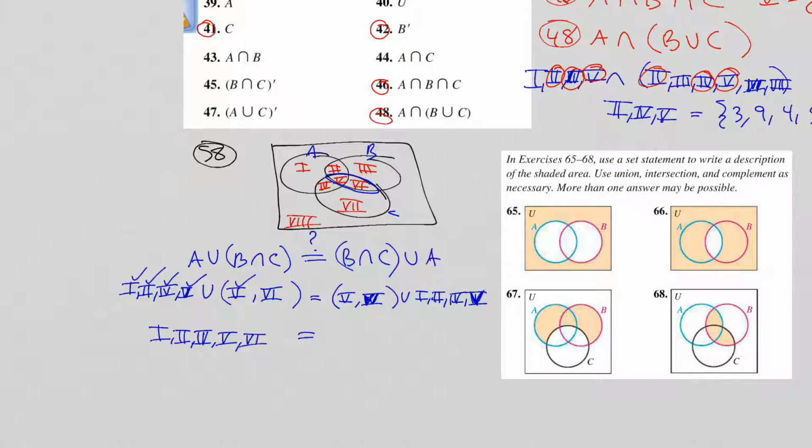You're doing the union. Nothing has changed except those two that are on the left now, so it's still going to be the same thing. Okay, so this is true. Or yes, they are equal. Okay? So that's number 58, proving sets to be equal using regions.